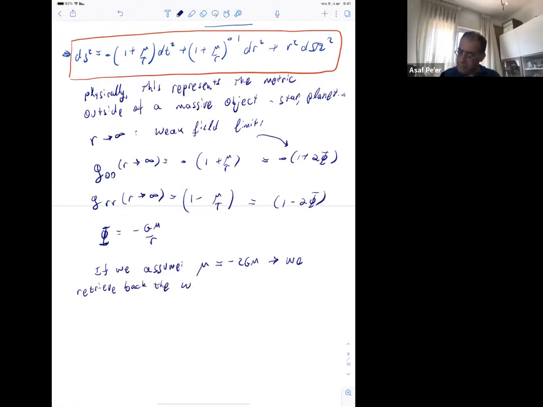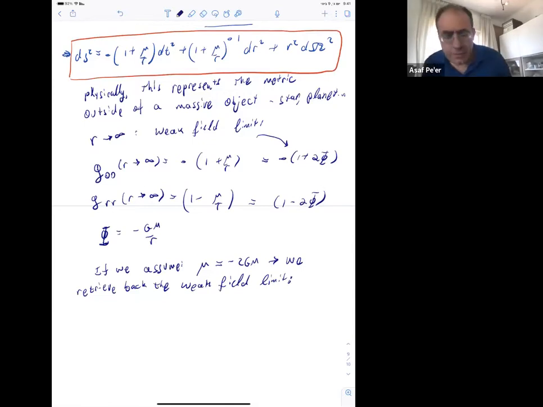Which finally gets us to the celebrated Schwarzschild metric.